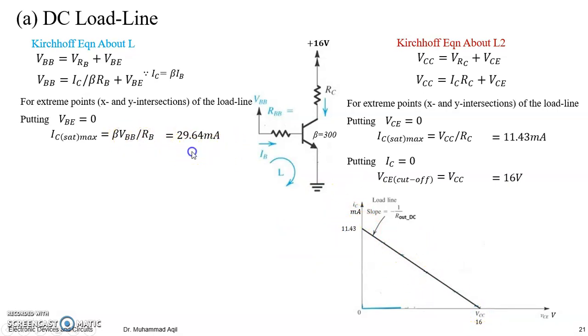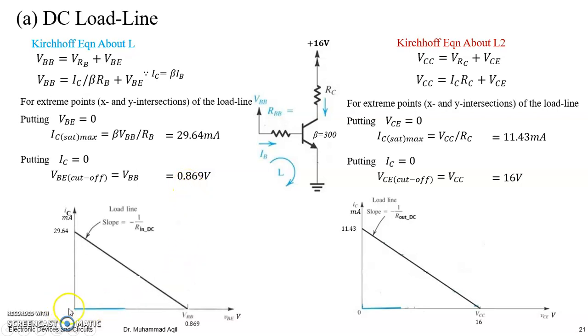Same is here. Okay, so when we put IC is equal to 0 to find the x-intercept, you get VBE is equal to VBB, right? This is again a hypothetical point, because for this much VBE you could have large currents, but your characteristics curve does not allow it, right? Your characteristics curve at the input side is this kind of nature, right?